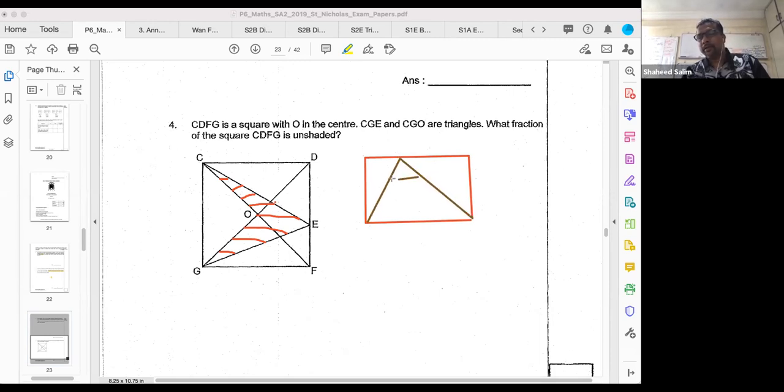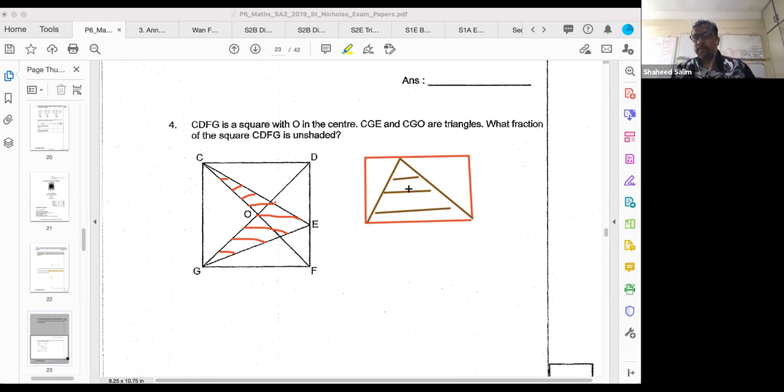Akil, this triangle, what fraction of the whole figure is it? Anyone know that? Carissa, you know? Zahin, you know? Davish, you know? What fraction of the whole figure is this triangle?